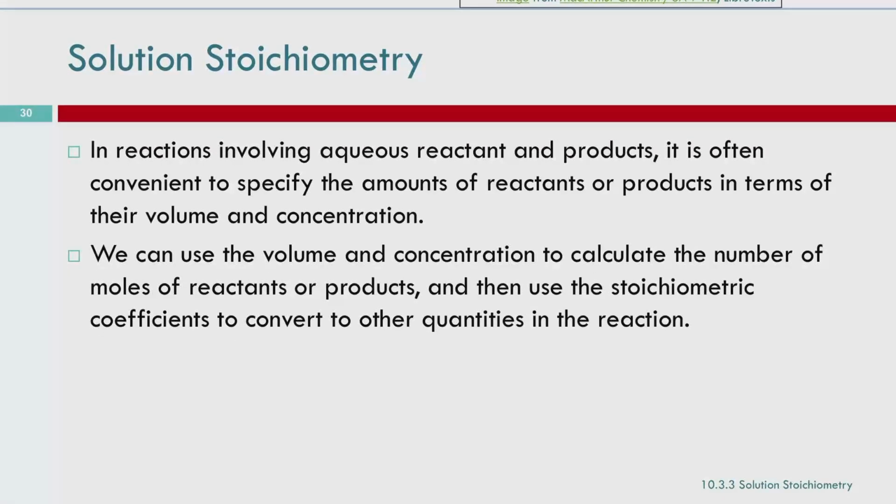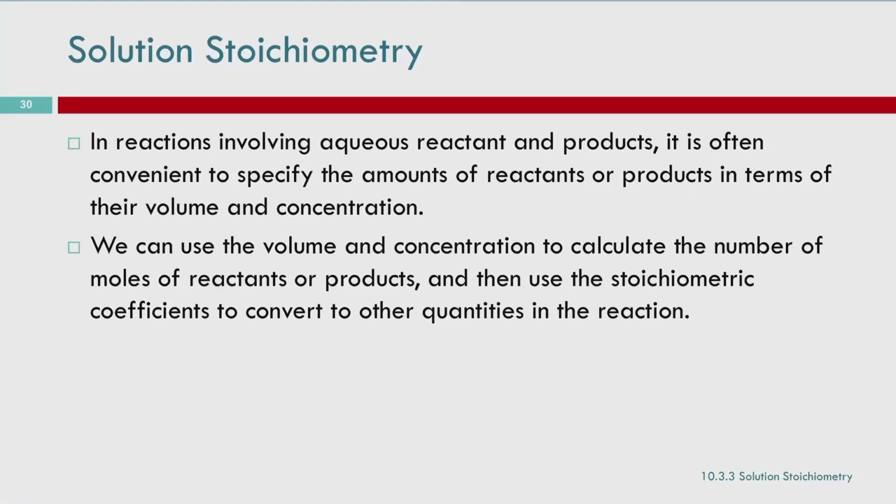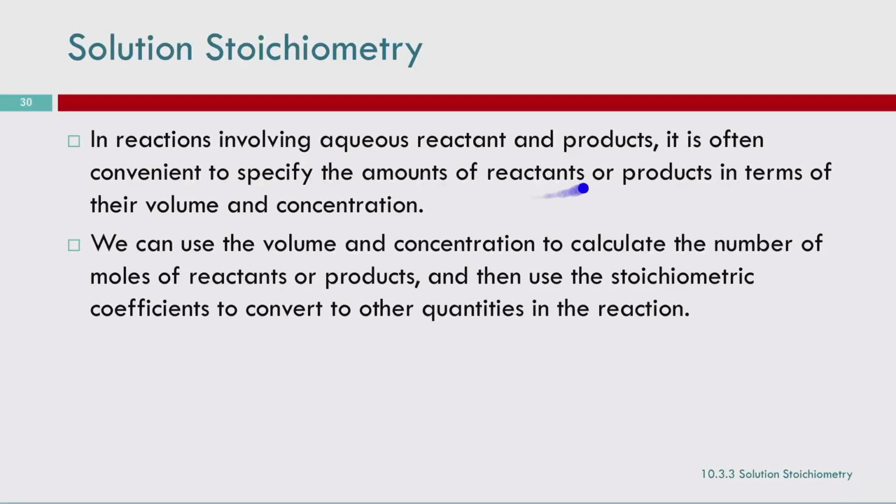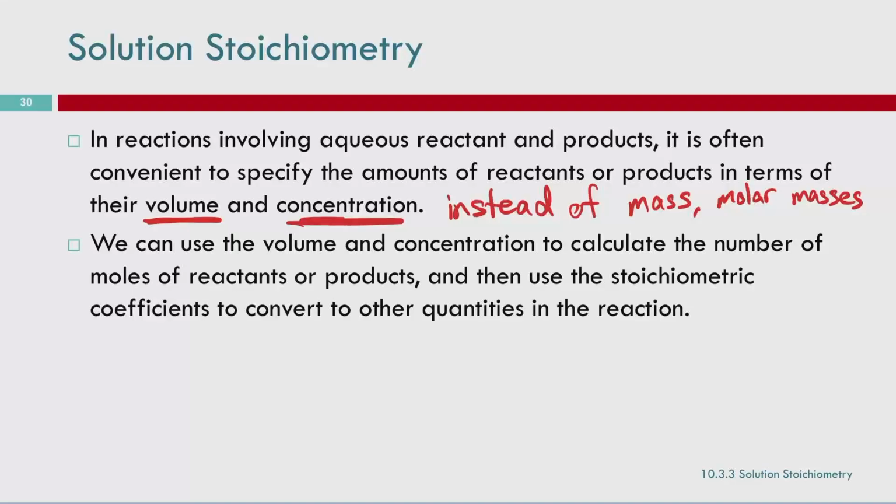Oftentimes when we're doing reactions with aqueous reactants and products, we'll typically specify our amount of reactants or products in terms of volume and concentration. We have primarily been doing stoichiometry with grams and molar mass. We've also done it with gases, in which case you would have more variables.